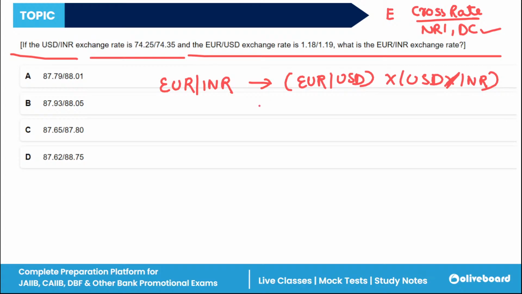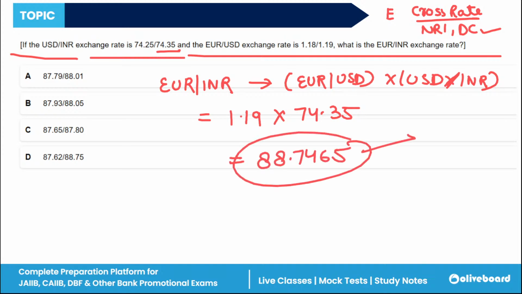This is given, so what we have to do is 1.19 multiplied by 74.35, which equals 88.7465, that is the selling rate.